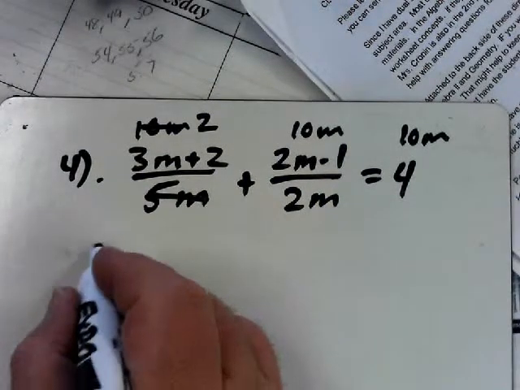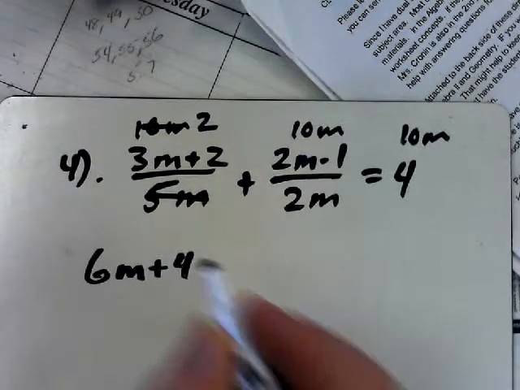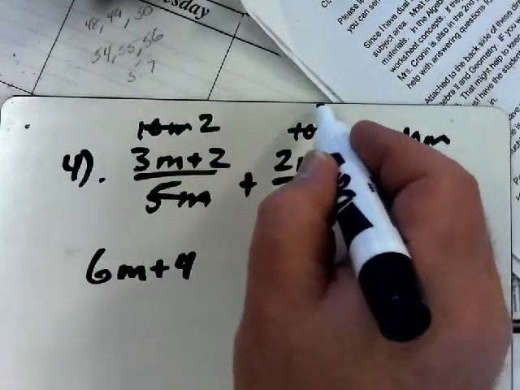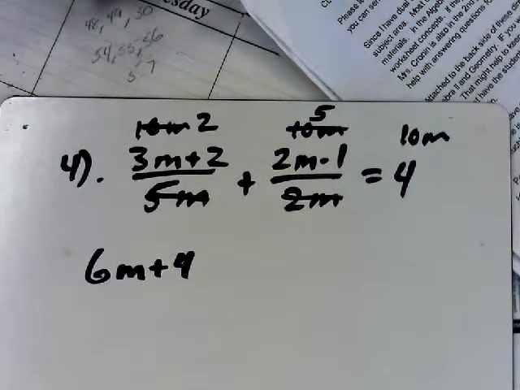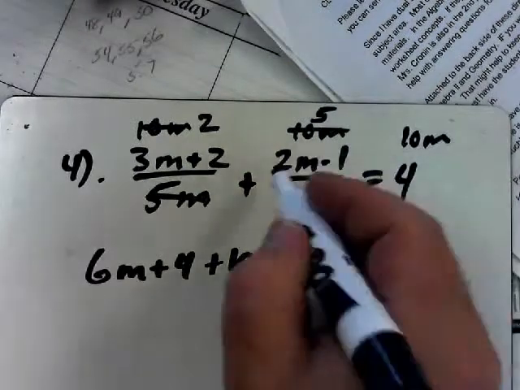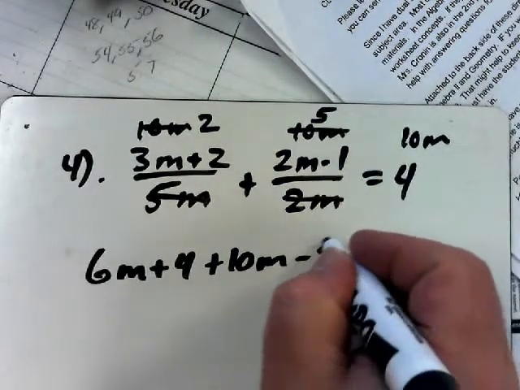So that's going to give me 6m plus 4. 2m goes into 10m 5 times? So a positive 5 times 2m would be 10m, and a positive 5 times negative 1 is a negative 5.